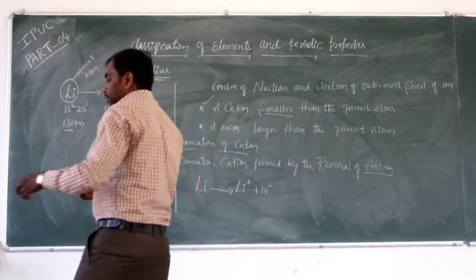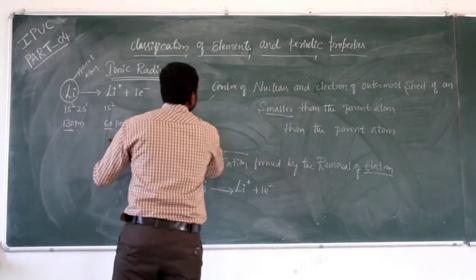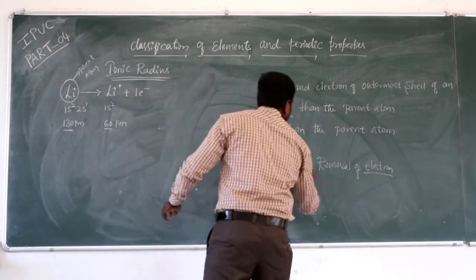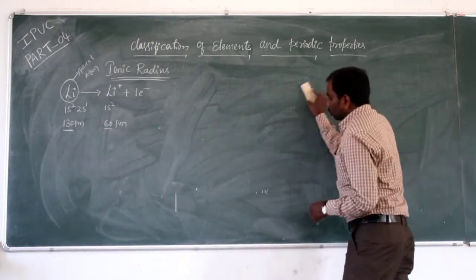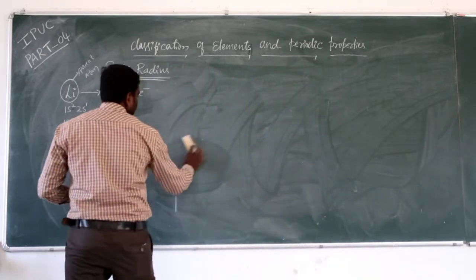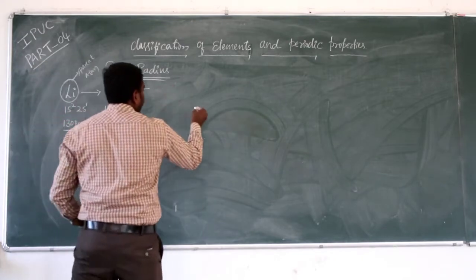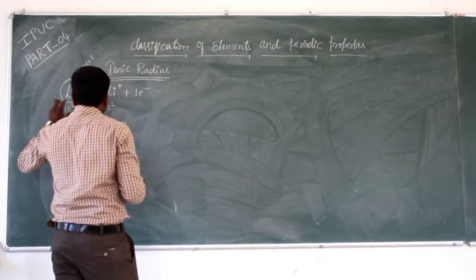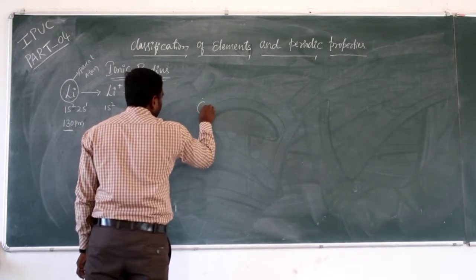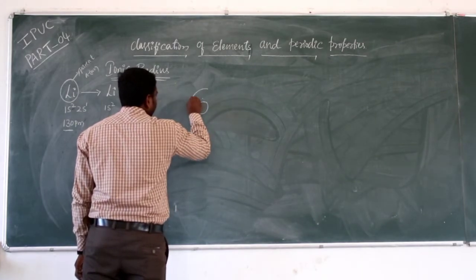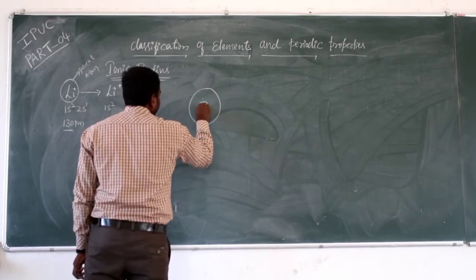So here, one more structure I will explain to you. See how the ionic radius decreases in a cation. Lithium is in the second period, right? This is the nucleus.